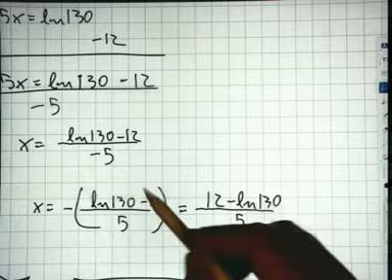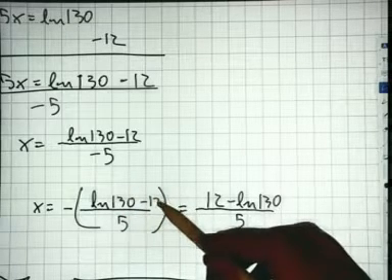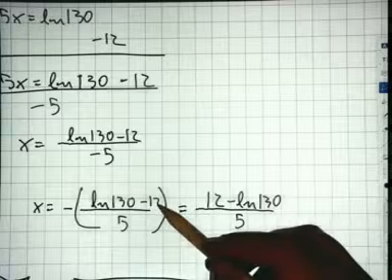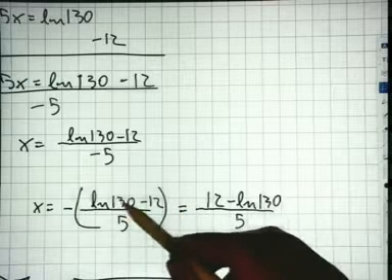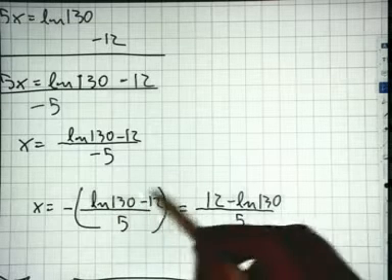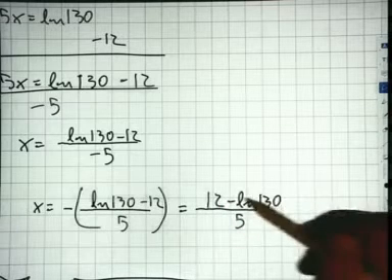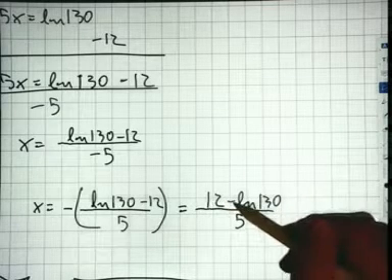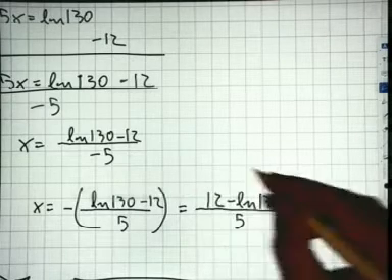Because if I looked at this numerator, and just presented it to your average person, they would say, oh, you gotta take the 130 minus the 12. And that could be confusing, but this is not confusing, because now you can clearly see it's 12 minus whatever this is, all divided by 5.